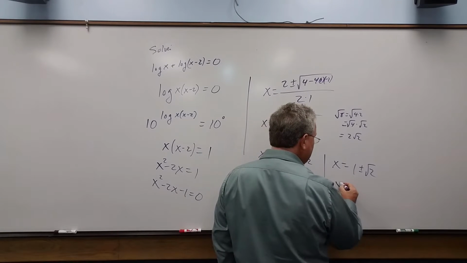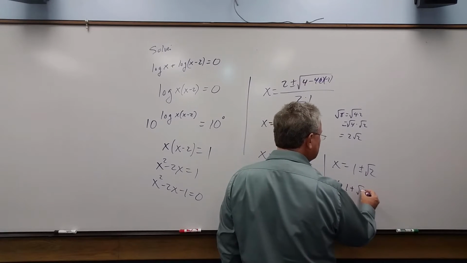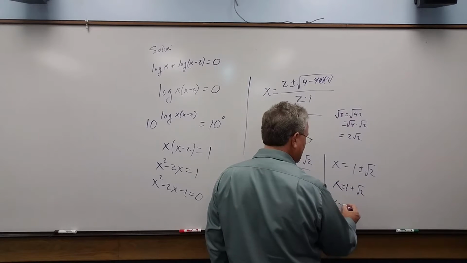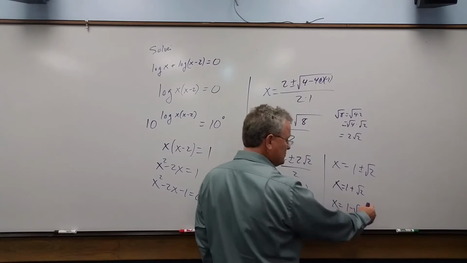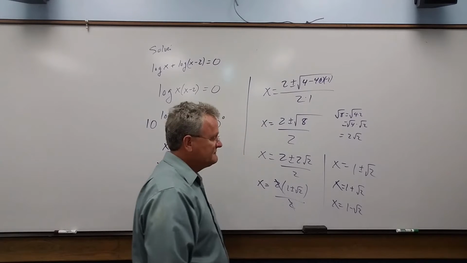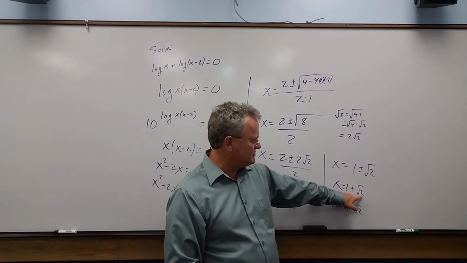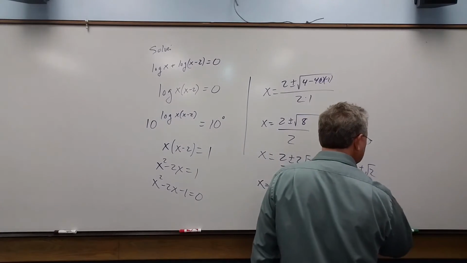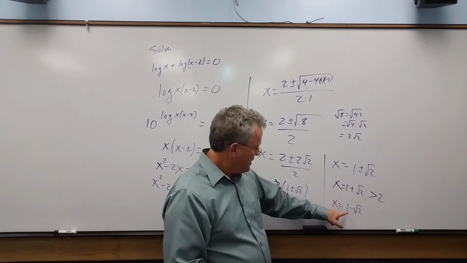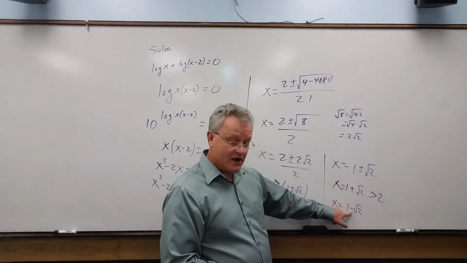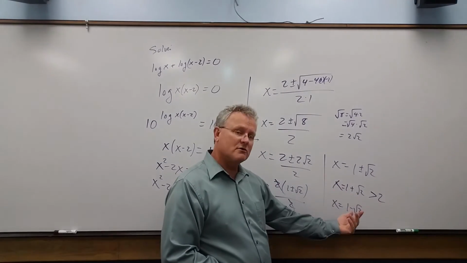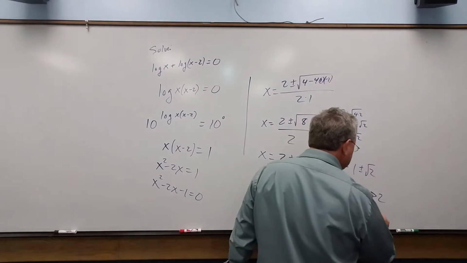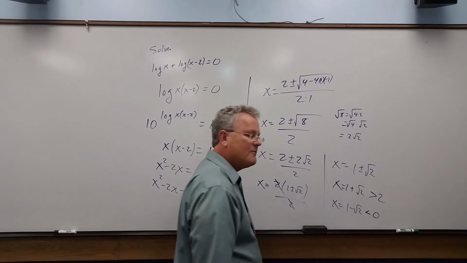So therefore, 1 plus root 2 is some positive number bigger than 1, so we know this result is bigger than 2. Let me just write that. And 1 minus root 2 is going to be a negative number because the square root of 2 is bigger than 1, so we know that result is going to be less than 0.